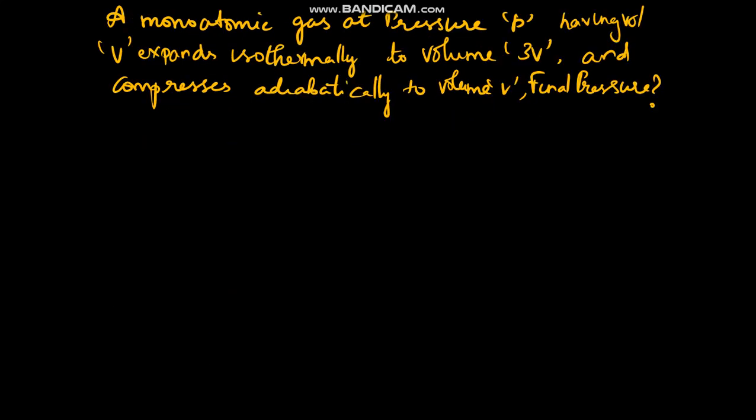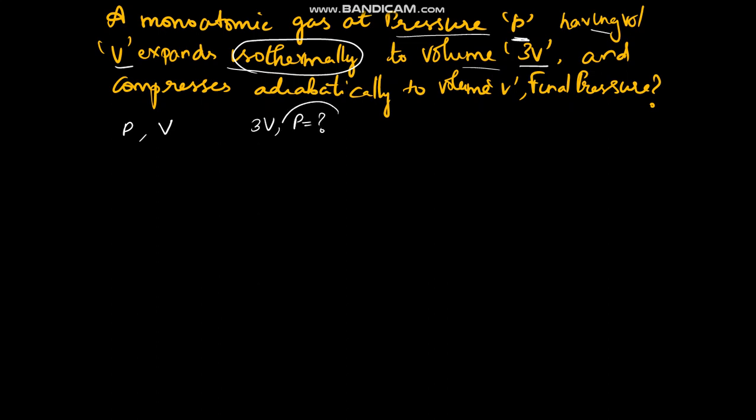Now let us work out another common numerical. See, a monoatomic gas at pressure P having volume V expands isothermally to volume 3V. So initial is P and volume is V and the final volume is 3V. Okay, then pressure we don't know.